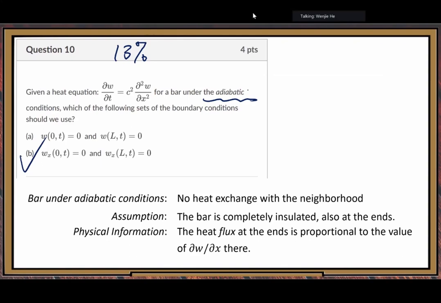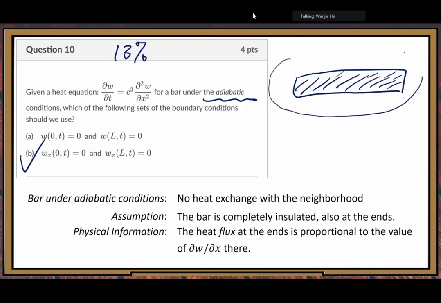So here we assume we have a heated bar. Here, this bar. Very hot. Then the neighborhood, right? So around it. So the condition is no heat exchange with the neighborhood environment.